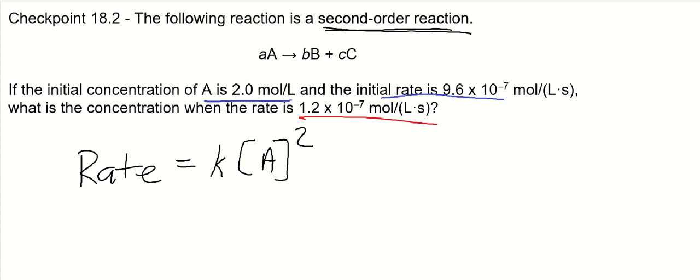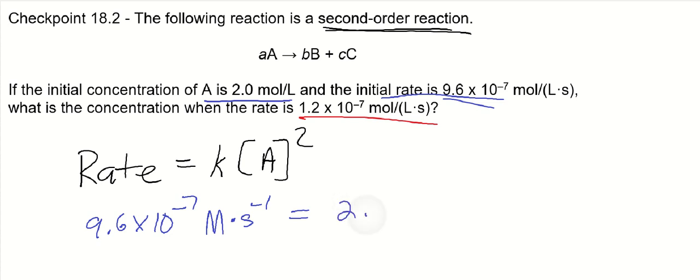So the rate here, I'm going to use right there in blue, is going to be 9.6 times 10 to the negative 7 moles per liter, molar, per second. I'm going to move that to the numerator there. And that's going to equal the concentration of A, given to us as 2.0 moles per liter, molar.